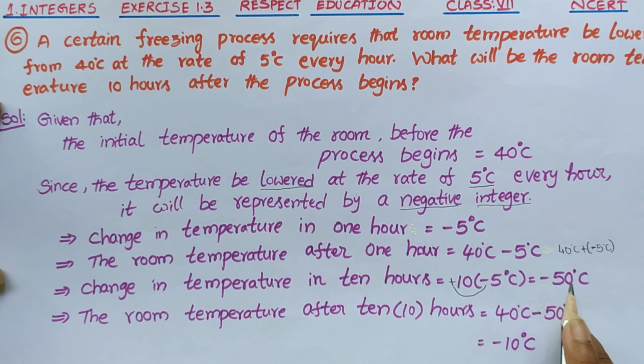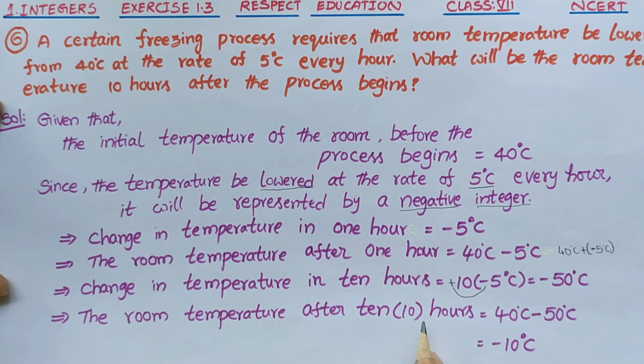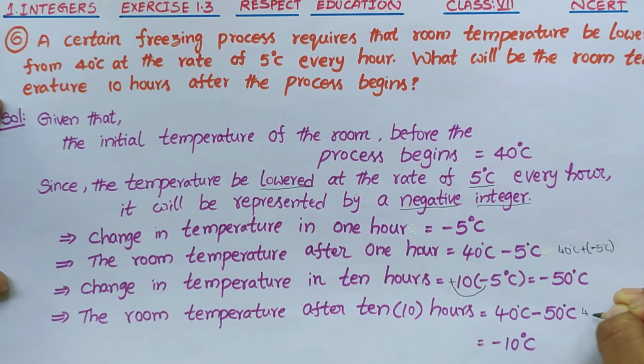So minus 50 degrees Celsius. The room temperature after 10 hours would be 40 degrees Celsius minus 50 degrees Celsius. See here also, 40 degrees Celsius plus of minus 50 degrees Celsius.